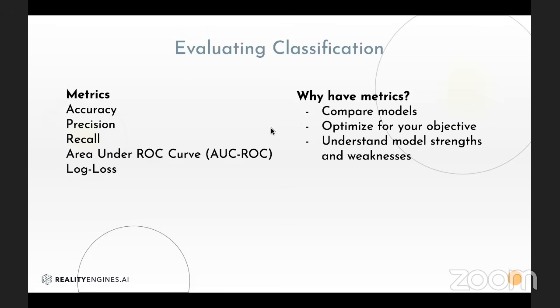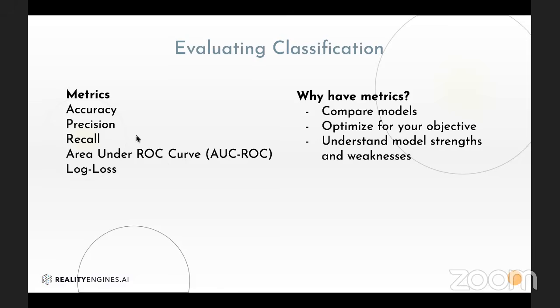Why have metrics in the first place? They allow us to compare models. So if we train different kinds of models, whether they're machine learning models or any kind of model, the metrics are sort of an objective way of being able to compare these models. It allows you to optimize for your objective. Each of these metrics tells you a different aspect of the story of how your model has learned the data.